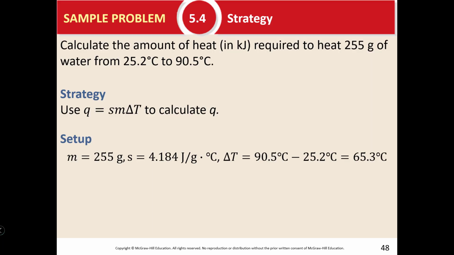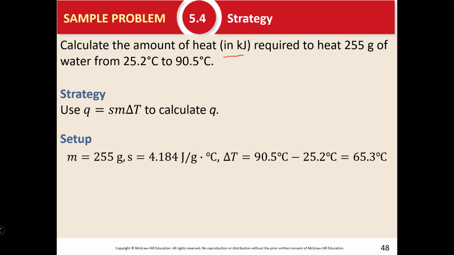So this is the type of question you could be asked to solve. It says the amount of heat in kilojoules required to heat 255 grams of water from 25.2 degrees Celsius, about room temperature, to 90.5 degrees, just below boiling. So here's what I find students do right off the bat: make sure your answer's in kilojoules.